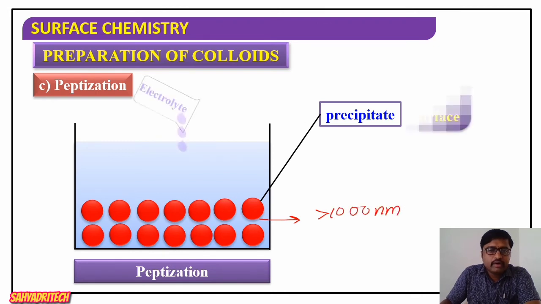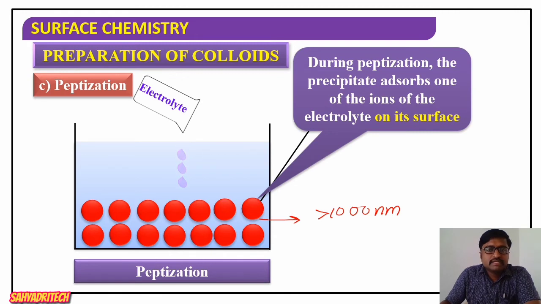During peptidization we add an electrolyte. What happens? The precipitate adsorbs. The precipitate molecules are present very close to one another.